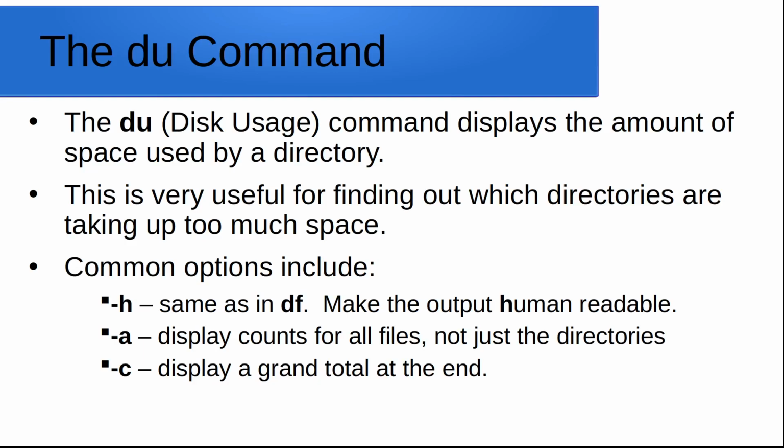And -c will give you a total at the end of everything. So again, could be handy for finding out information. Really, all of these things that we're looking at are for finding out information so you can figure out what's going on. And as a sysadmin, that's a very important part of the job.